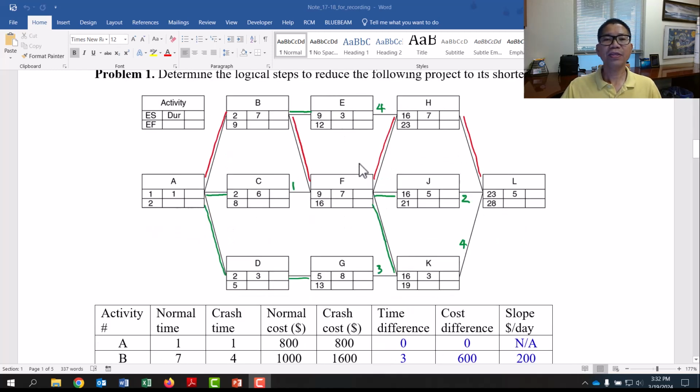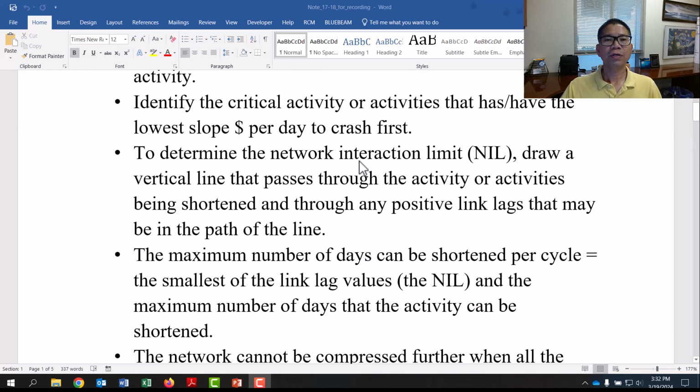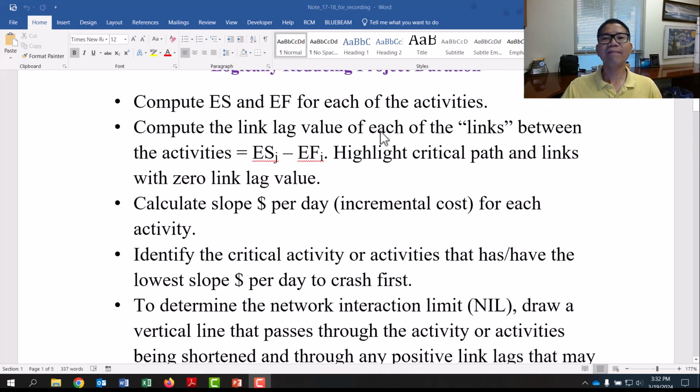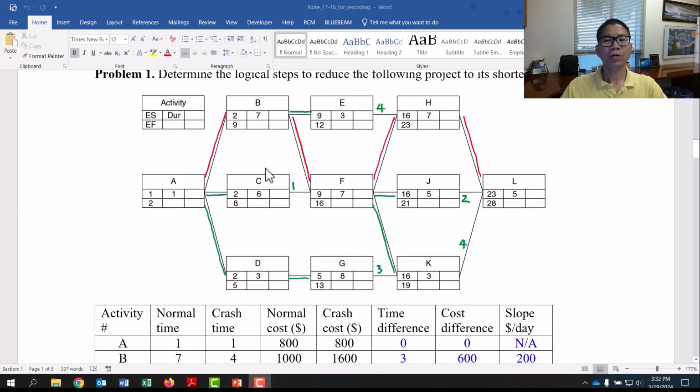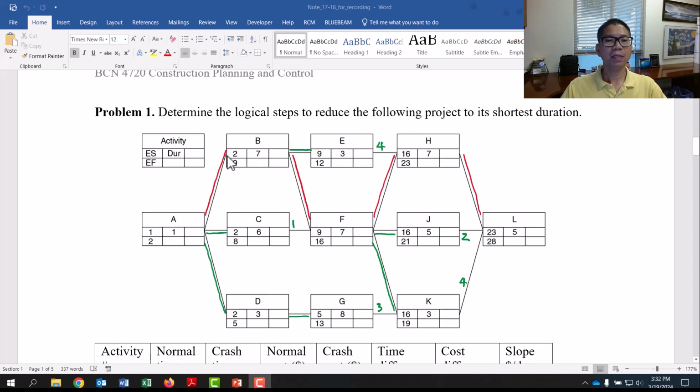And then find the link lag value by the early start of the successor minus the early finish of the predecessor. So for B, the early start of successor B is 2 minus the early finish of activity A, which is 2. So 2 minus 2 equals 0. It makes sense because it's on the critical path.